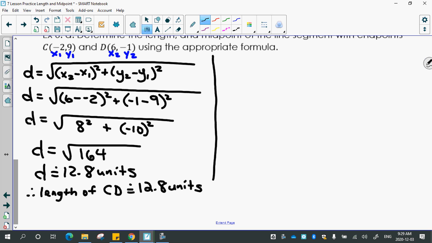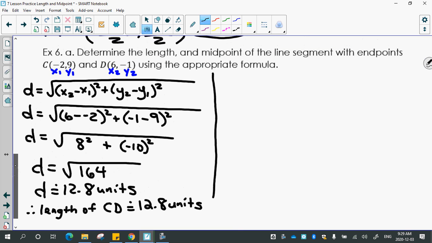If it said find the distance, I'd just leave it as therefore D equals, but it says something different, so I'd do a therefore statement. And then it says to find the midpoint. So that's the midpoint formula, comma.